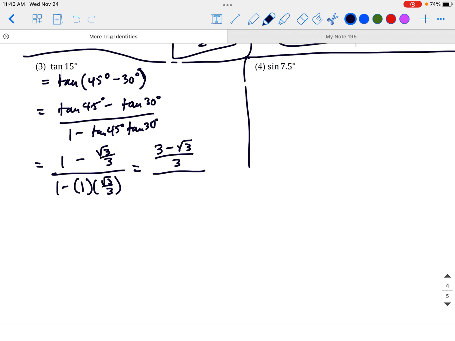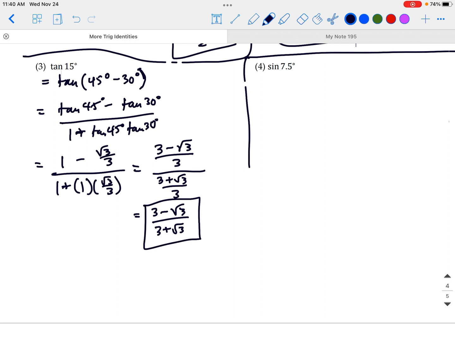And on the bottom, we'll have 1 minus rad 3 over 3. And that should be plus. We'll get 1 plus rad 3 over 3, which should be 3 plus rad 3 over 3. And this will simplify to 3 minus rad 3 over 3 plus rad 3.